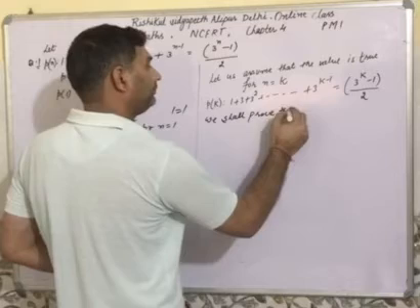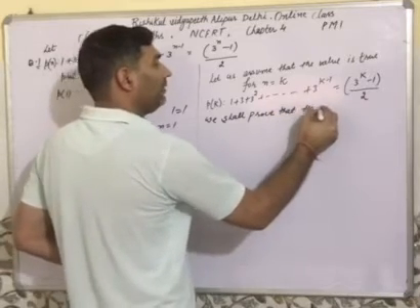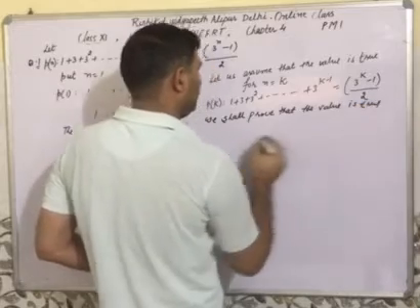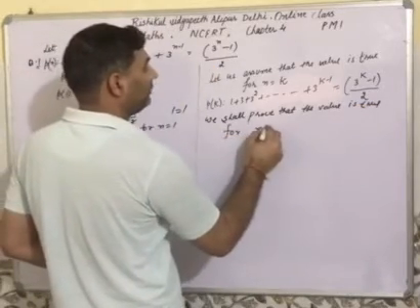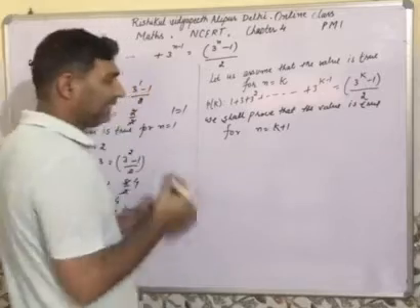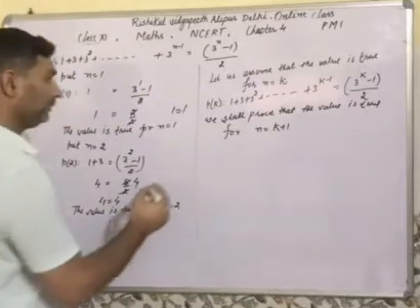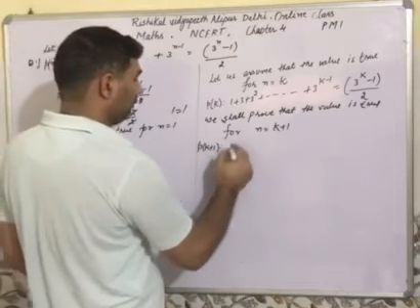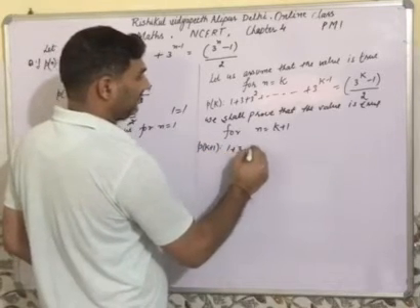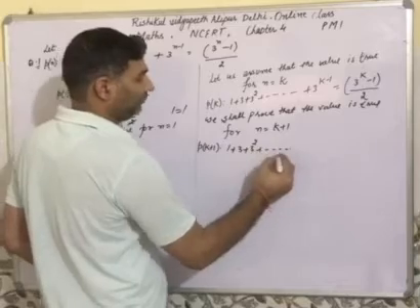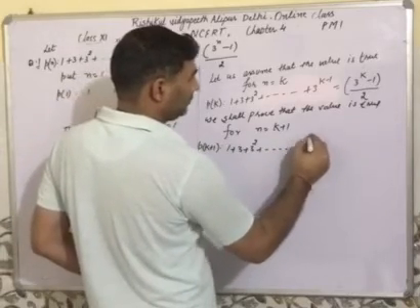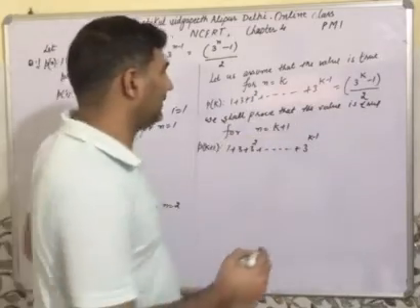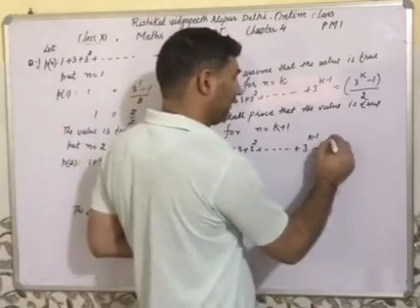Then we shall prove that the value is true for n is equal to k plus 1. Replace n with k plus 1. Then P(k plus 1): 1 plus 3 square and so on up to 3 raised to power k minus 1. Now, since the value is k plus 1, one more term comes, 3 raised to power k.